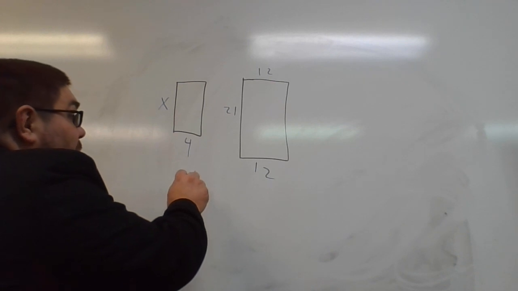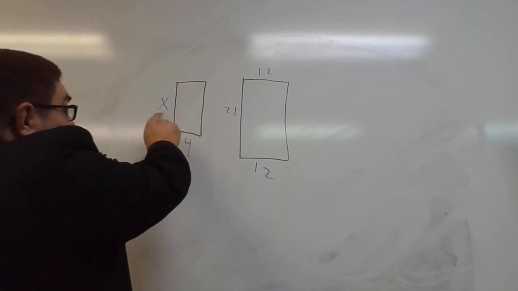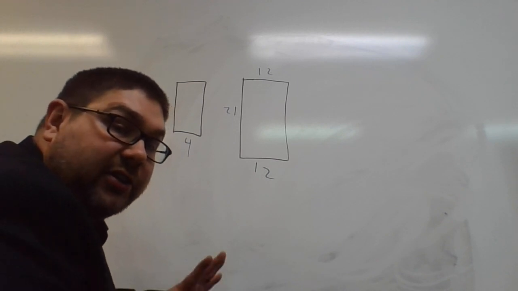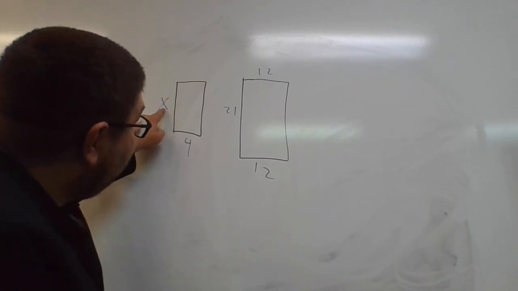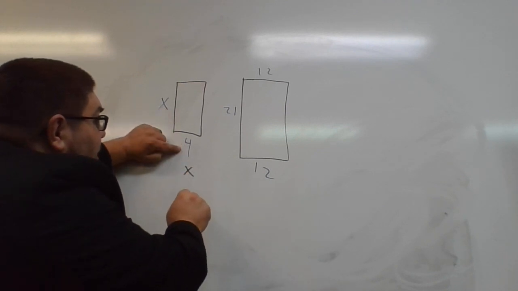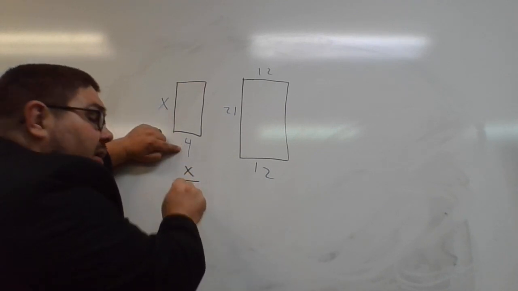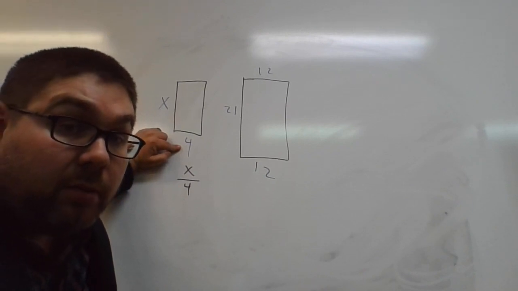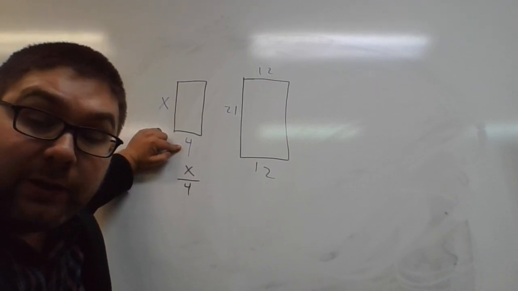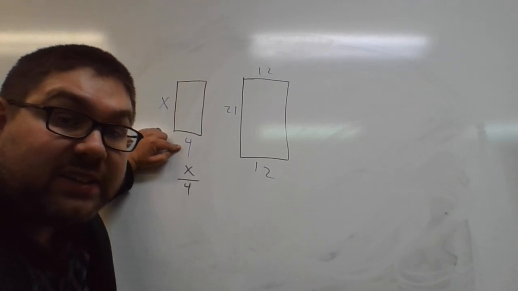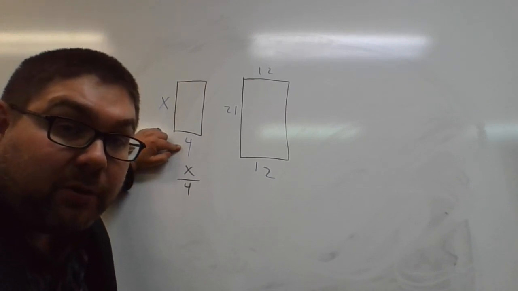What I'm going to do is write this as two fractions. I'm going to put x over 4. The order doesn't matter, but I'm doing x over 4. How you do it doesn't matter as long as you're consistent during the problem.